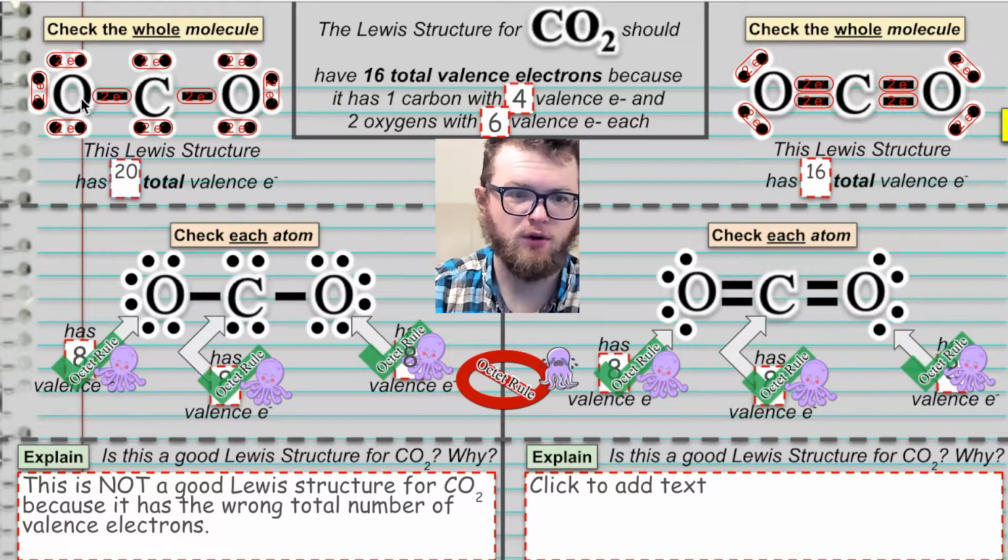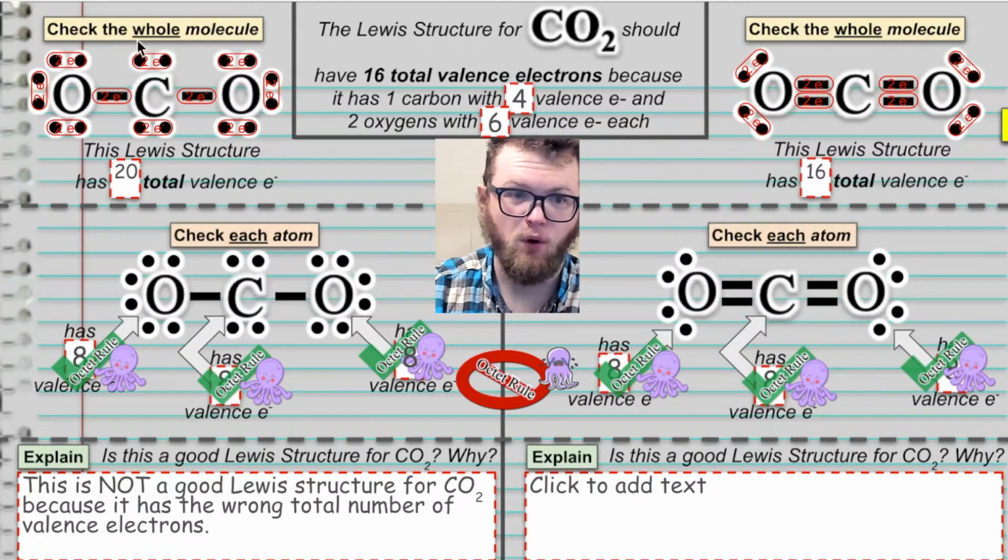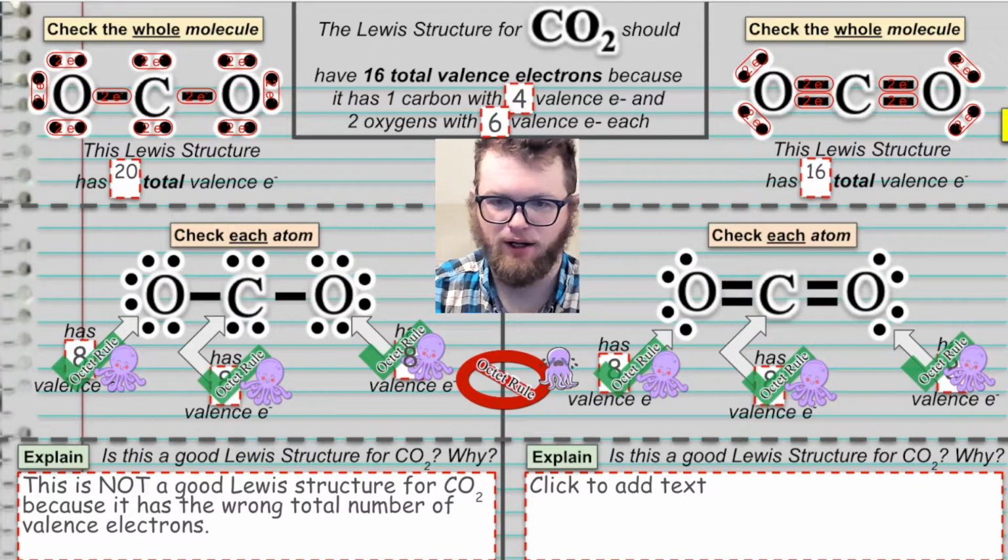Because it has 20 total valence electrons, it's supposed to have 16. Yes, everything does meet the octet rule, but both the whole molecule and each atom have to be correct.